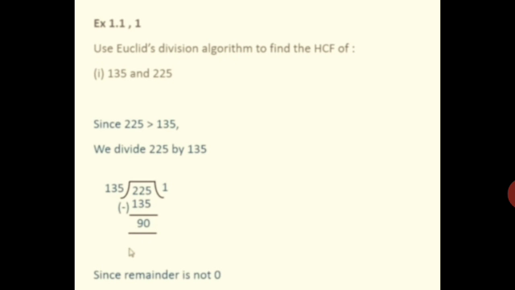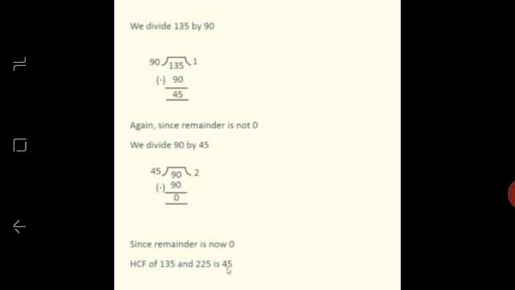So we have to use the same division lemma once again between 90 and 135, that is the remainder and the divisor. So we are going to proceed. Here on the screen you can see the second step in division, where we are dividing 135 by 90.